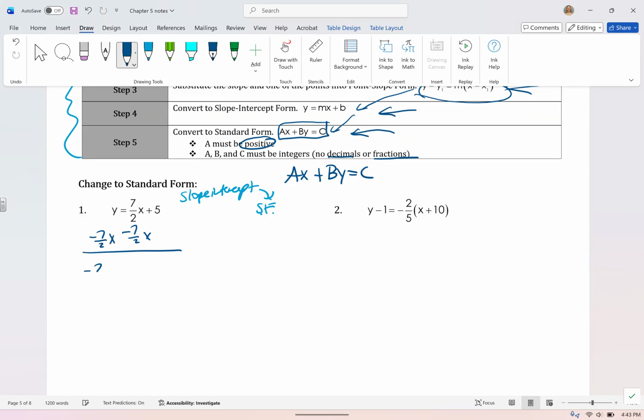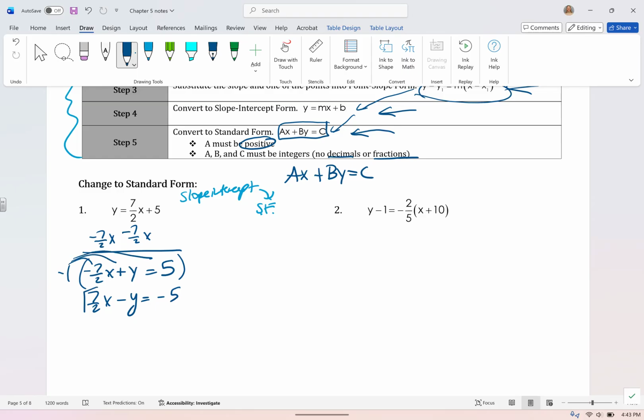And we're going to put that first. Okay. So first the X term, then the Y term equals the constant. We have that. We want the leading term positive. So to change the sign, if you have an equation, you can times all the terms by -1. And you get 7/2 X minus Y equals -5. Again, all of them have to be multiplied by -1.